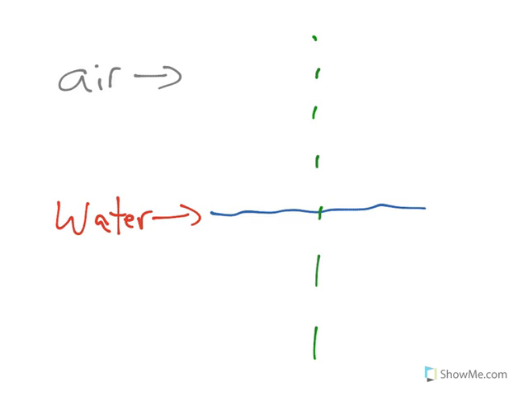It's drawn 90 degrees to the surface of the water, and then we have our ray come in. Okay? And then it hits, and in this case, it is going to be bent toward the normal. So that if our angle here was 20 degrees, our angle here might be 10 degrees. Alright, this is refraction, when the light bends upon entering a new medium.